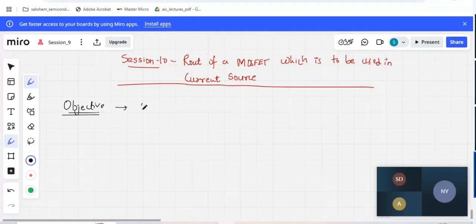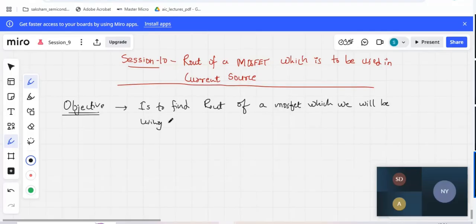So basically our objective of this session is to find the output resistance of a MOSFET which we will be using in the design of a current source.